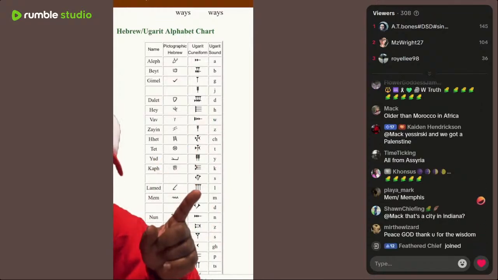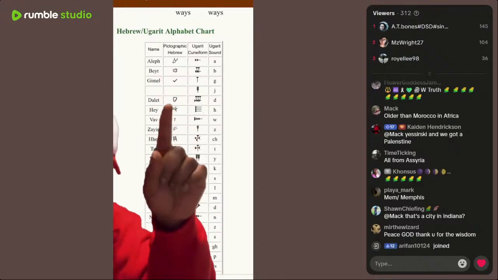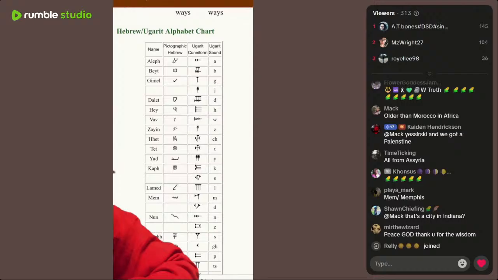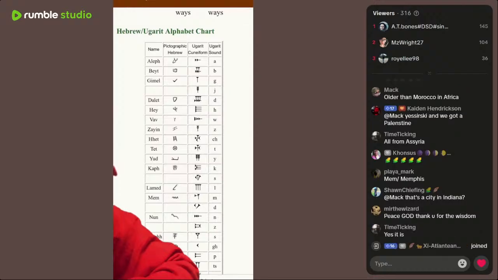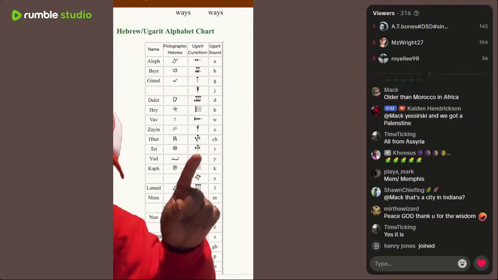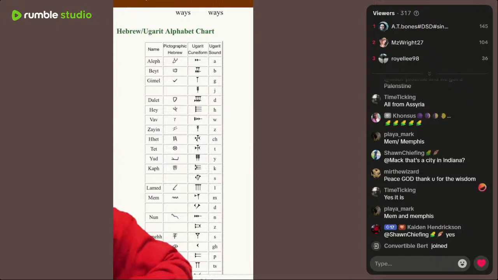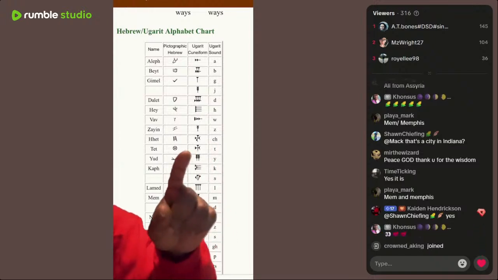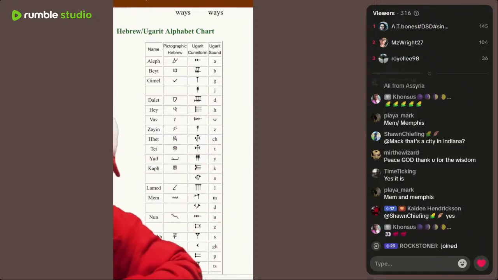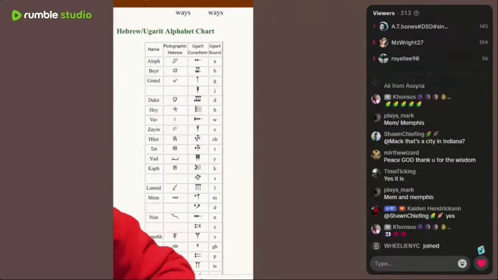Cuneiform is old now, but it ain't older than this. They go Dalet. They go Ta or Tet. Even the ancient Sumerian had Ta, right? The Ta with the cross. Just like this one. Mississippi got the same symbol.